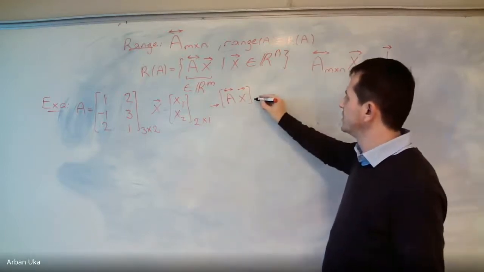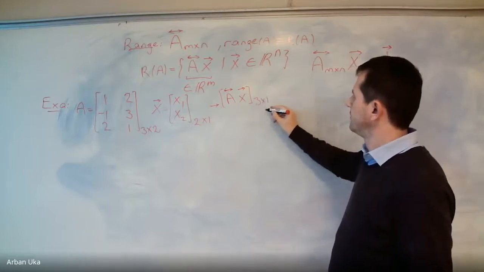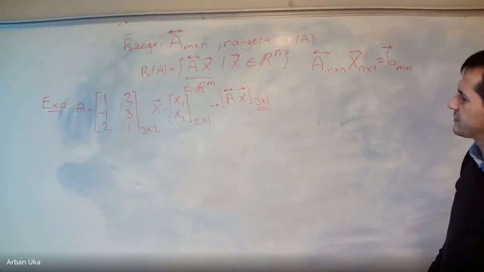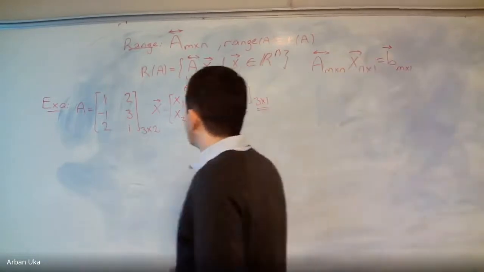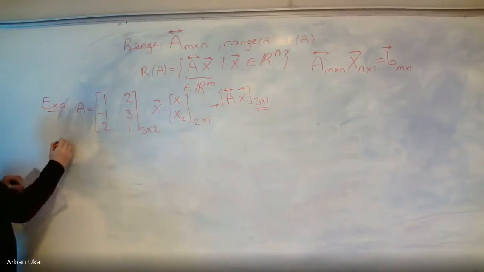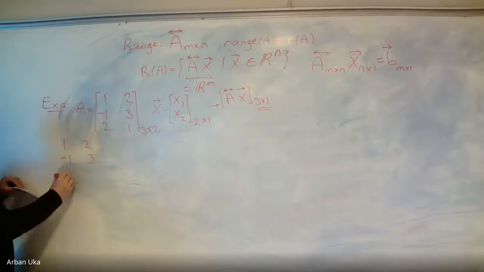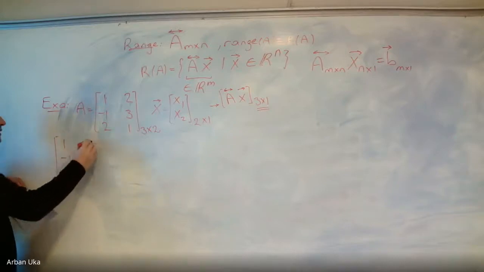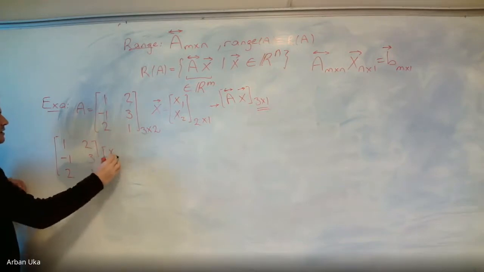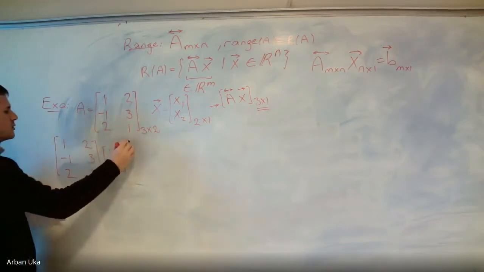It is 3 by 1, right? So then let's multiply them. Let's see actually where does the range go. So we have here 1, 2, minus 1, 3, 2, 1. We multiply this with x1 and x2, and this would be equal to what?